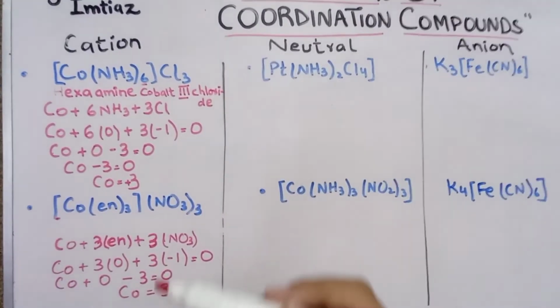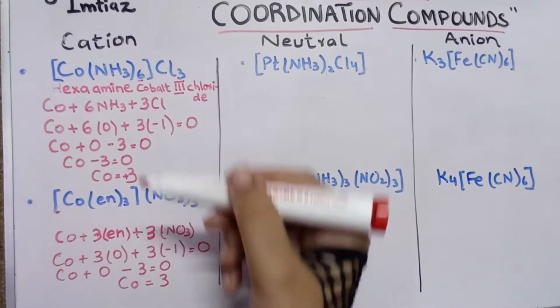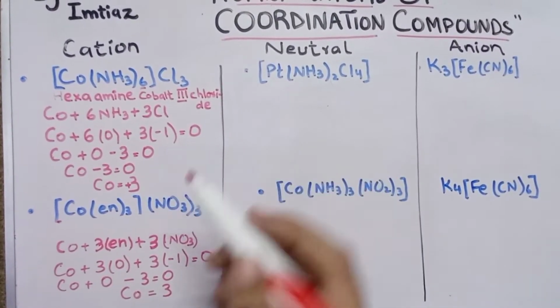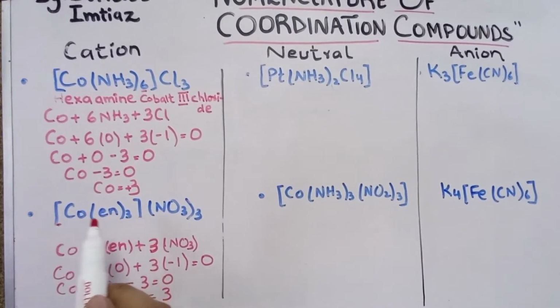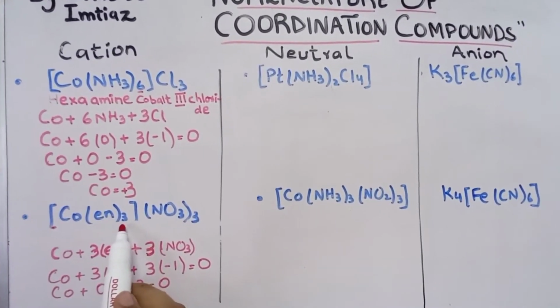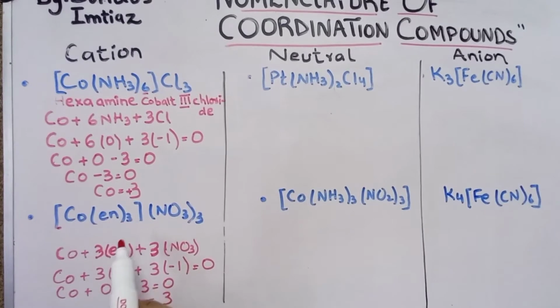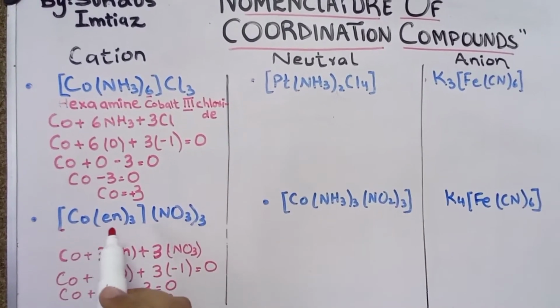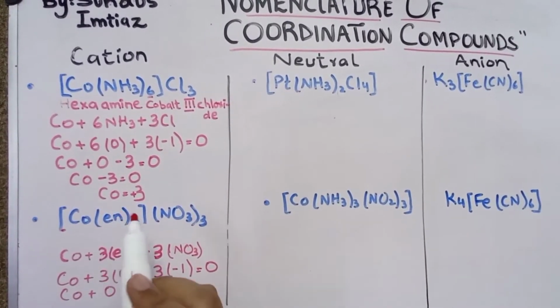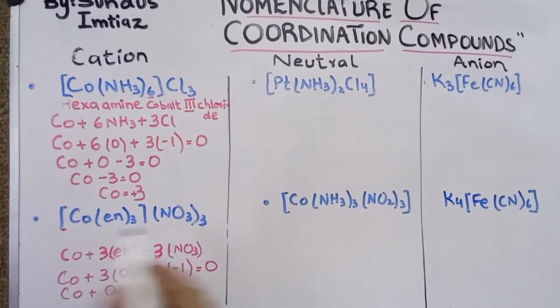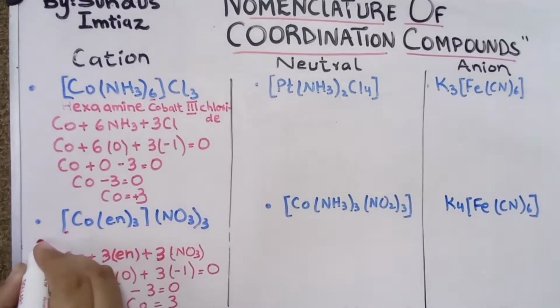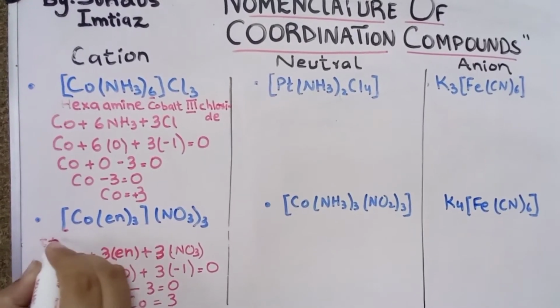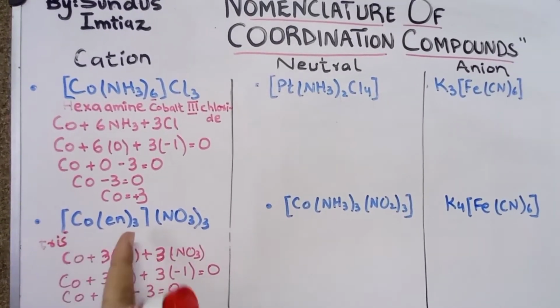Now the difference in both of these compounds is only the ligands. The ligand that is attached here is an organic ligand, and we will not write tri, tetra, penta. Instead of this we will write bis, tris, tetrakis, pentakis, etc. So let's write tris because there are 3 ethyl diamines.